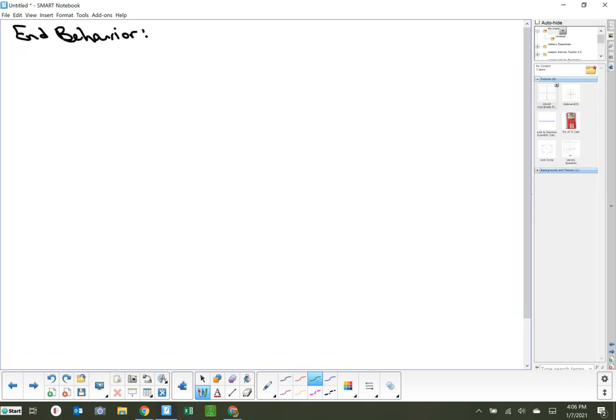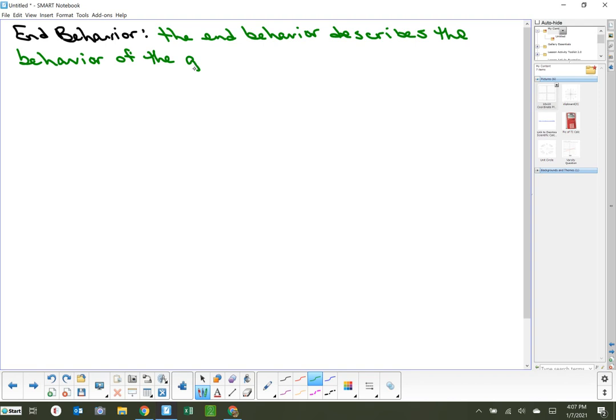End behavior describes the behavior of the graph of a function at the ends of the x-axis.